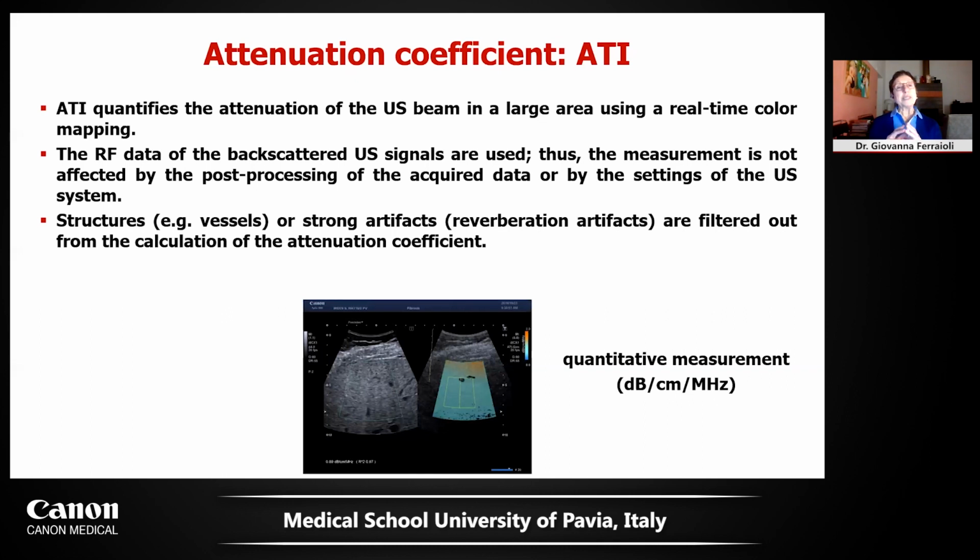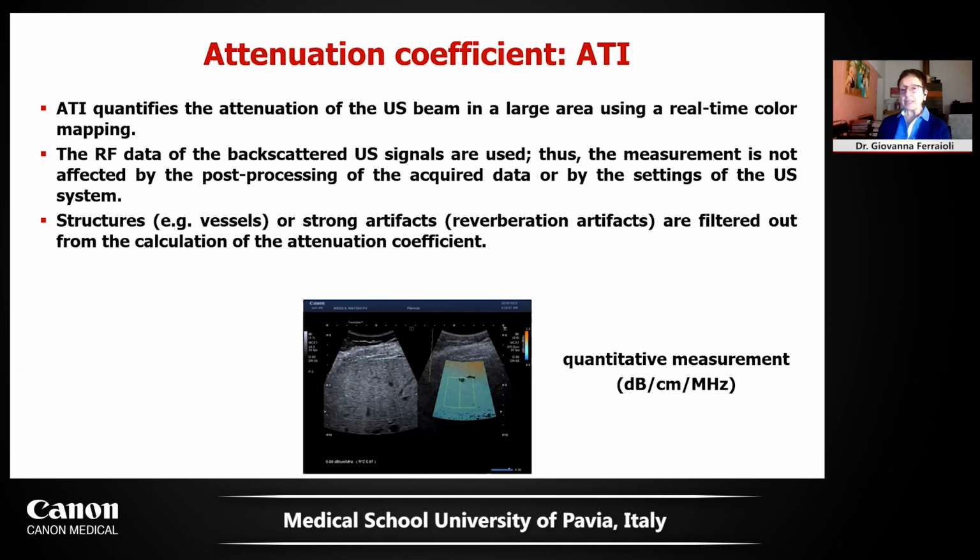The radio frequency data are used, therefore the measurement is not affected by the post-processing of the data or by the settings that we use on the ultrasound systems. And the algorithm is able to filter out structures like vessels or strong artifacts and reverberation artifacts.